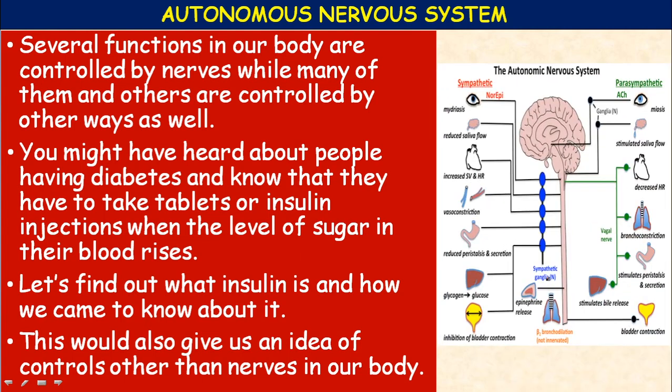Okay, so this autonomous nervous system is divided into sympathetic and parasympathetic nervous system. Sympathetic nervous system: here, the sympathetic nerves originate from the thoracolumbar segment. These are the sympathetic ganglions, in the segment of the spinal cord.